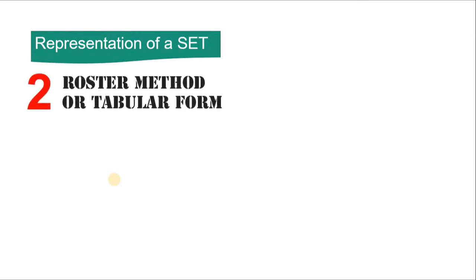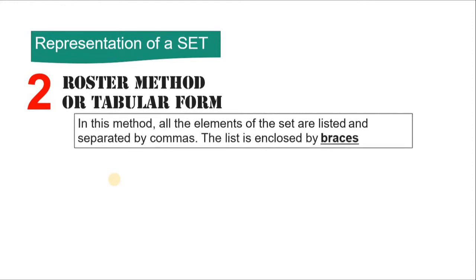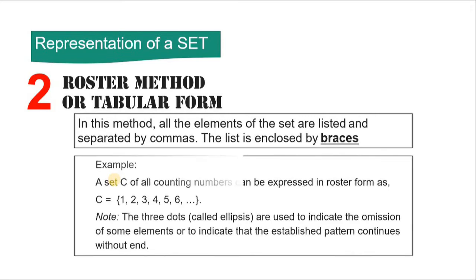Second one is the roster method or the tabular form. In this method, all the elements of the set are listed and separated by commas. Again, all the elements of the set are listed, separated by commas, and the list enclosed again by braces. So an example, a set C of all counting numbers can be expressed in roster form as C = {1, 2, 3, 4, 5, ...} and so on and so forth.